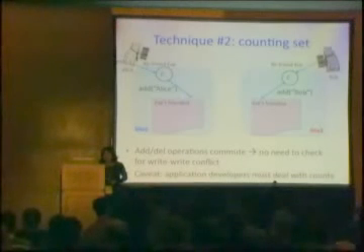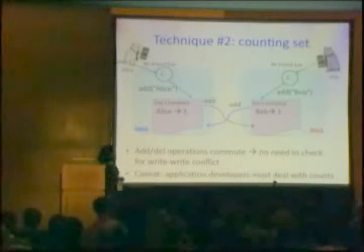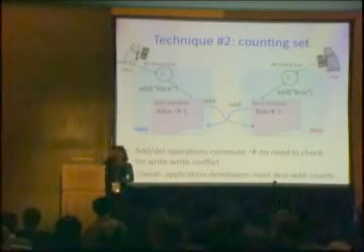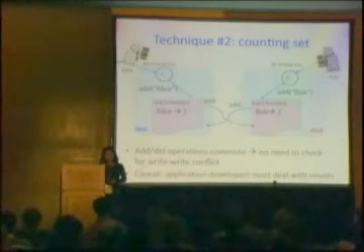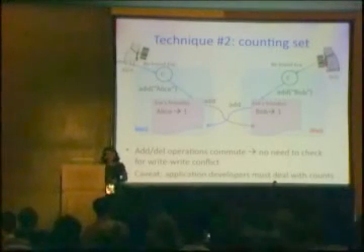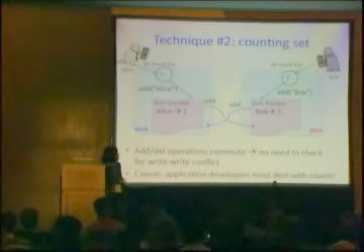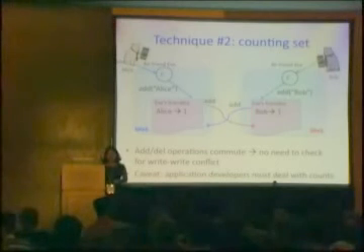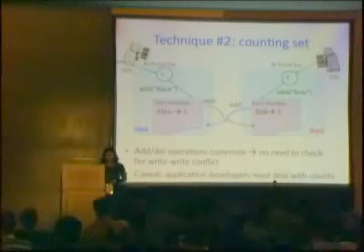So if concurrently Alice is also befriending Eve, then Alice is also going to generate this operation that adds her name to Eve's friend list counting set and asynchronously propagate that operation in the background to site 2.